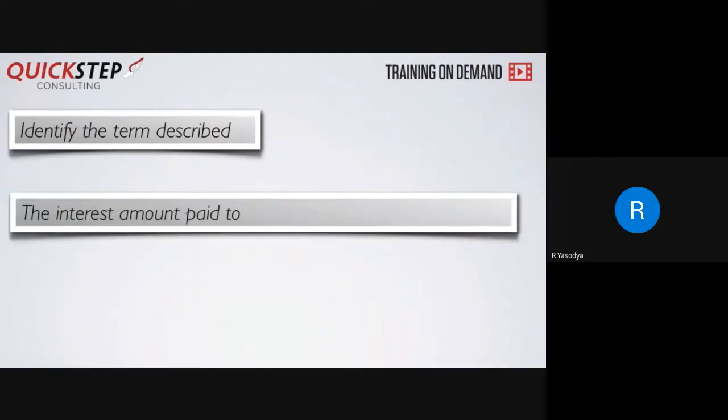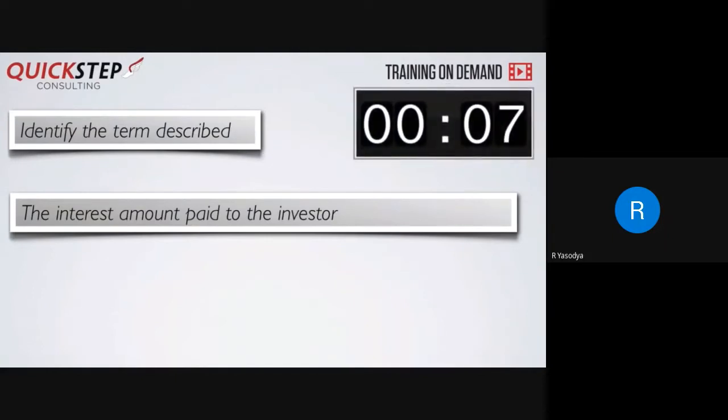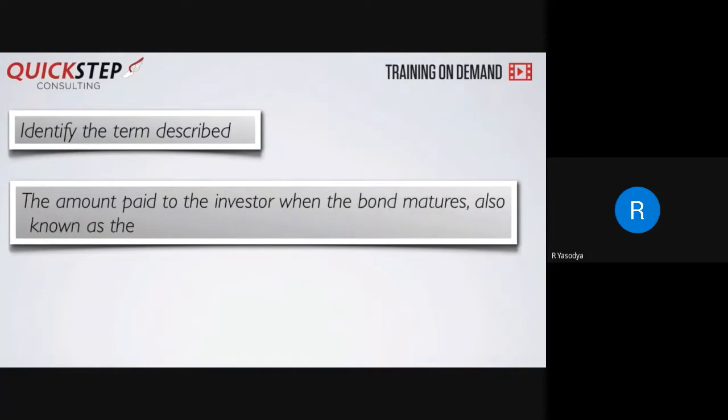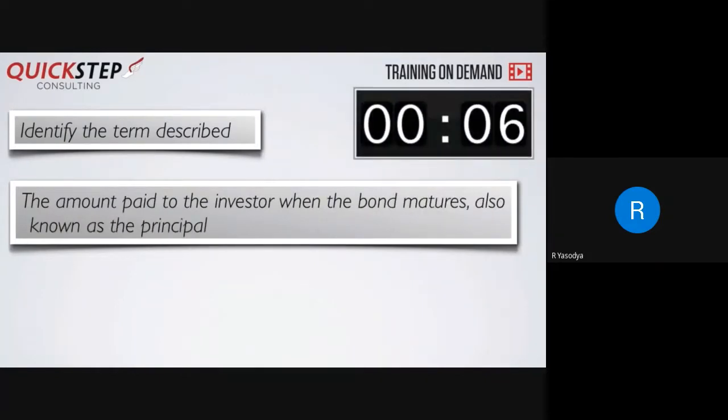The interest amount paid to the investor. Coupon. The amount paid to the investor when a bond matures, also known as the principal. Par.